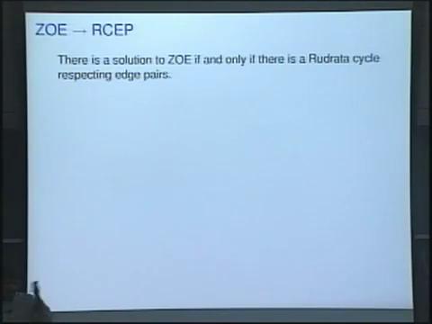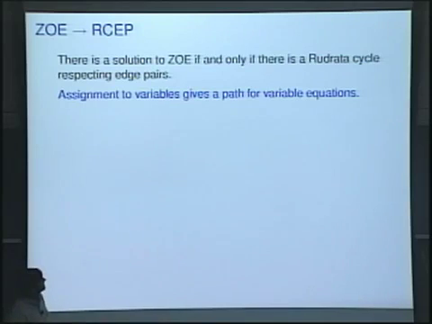He says we need to finish with the Rudrata cycle, but we're not finished with the Rudrata cycle with edge pairs. So there is a solution for the 0-1 equality instance if and only if there's a Rudrata cycle in that instance that we produced. Now, an assignment to variables gives a path for the variable equations.